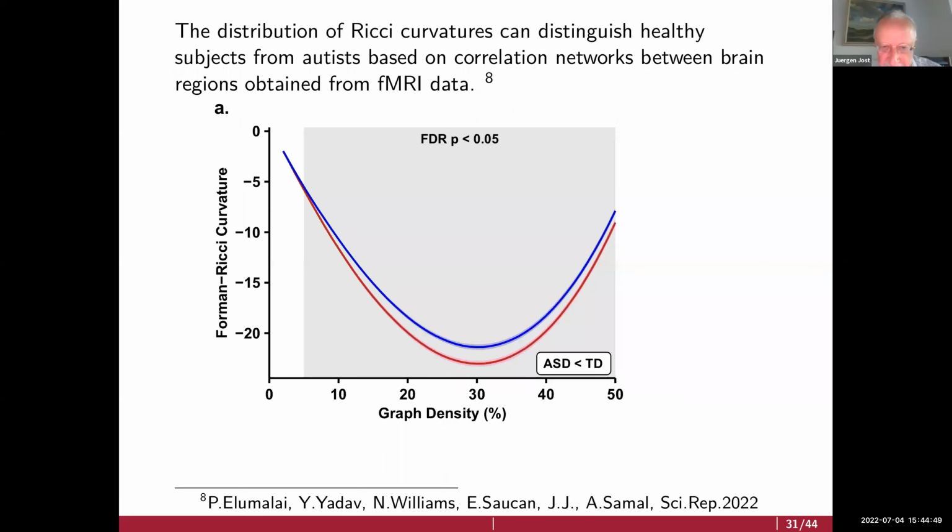So the deviations are indicated in a little shading, which may, however, not be so well visible in these slides. But the point is that the ability to distinguish between them is rather clear. So in other words, in autistic subjects, the brain regions are less well connected than in healthy subjects, and that can be very easily checked through the analysis of the fMRI data by looking at the distribution of Ricci curvatures.